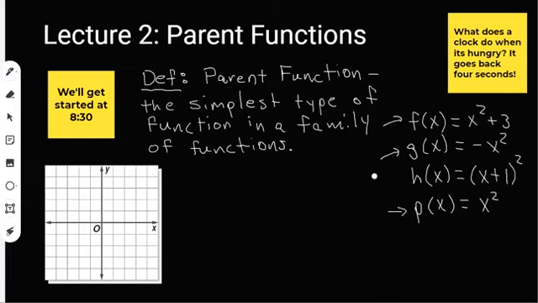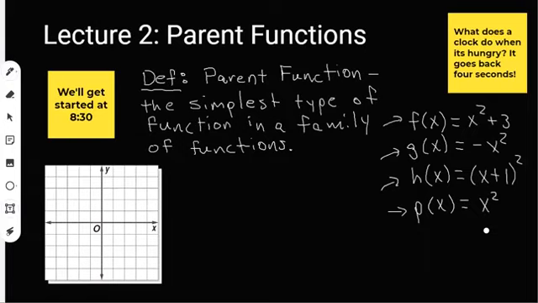And if I add 1 to the x and then square the whole quantity, that's how I get h of x. So I'm taking the simplest function, p of x, and editing it a couple of ways to get f, g, and h. So a parent function is just the simplest type of function in a family of functions. So that's what a parent function is.